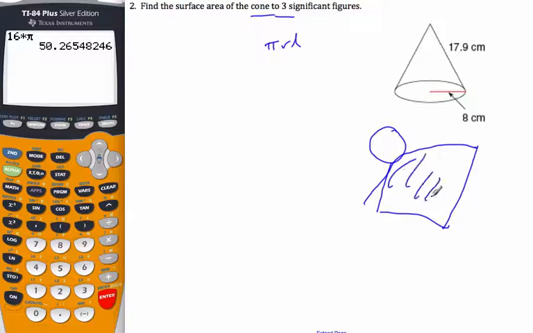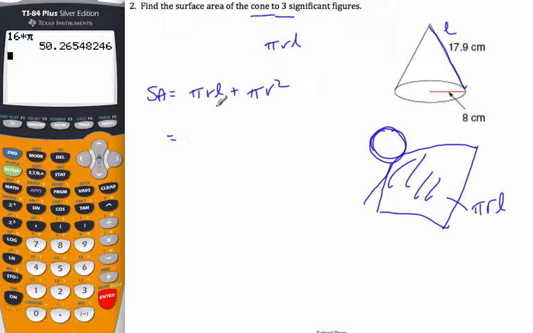That area is what they're talking about, pi r L, where L is this length here. My total surface area is pi r L, plus the circle down here. And the area of a circle is pi r squared.